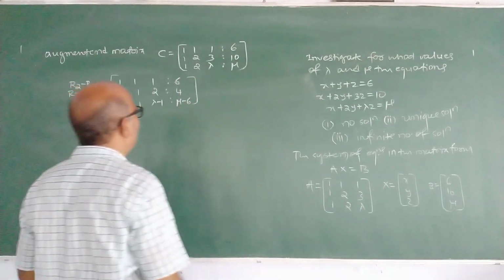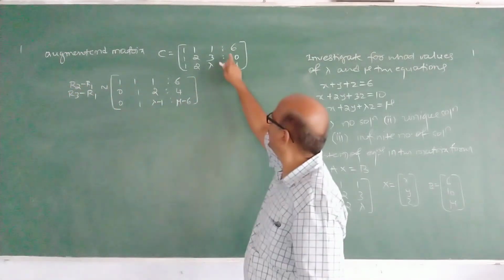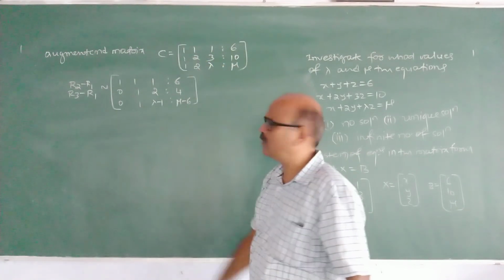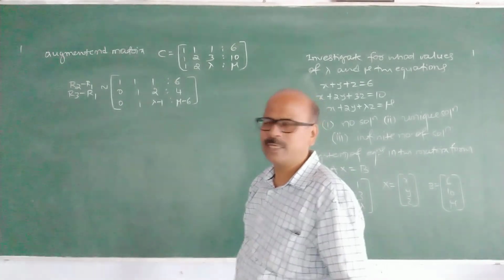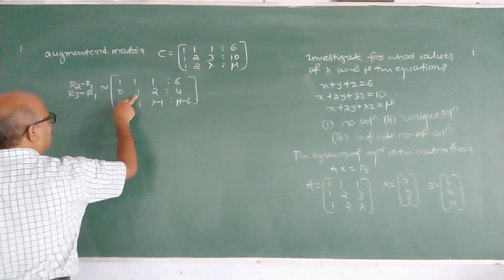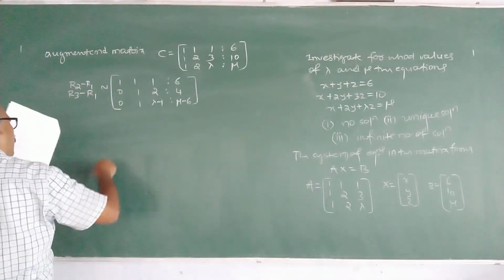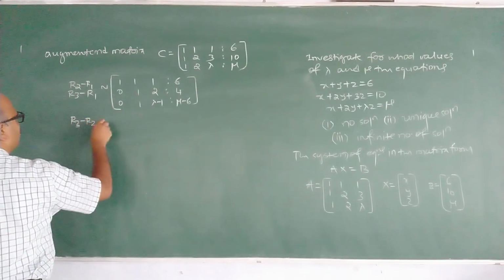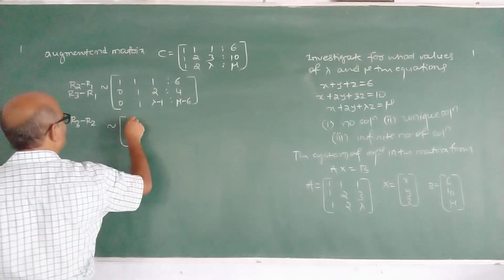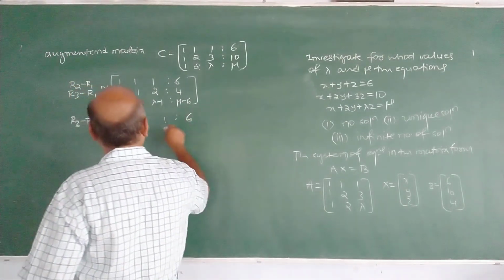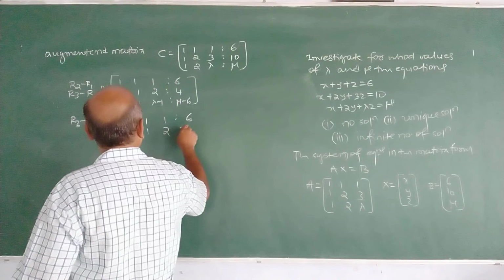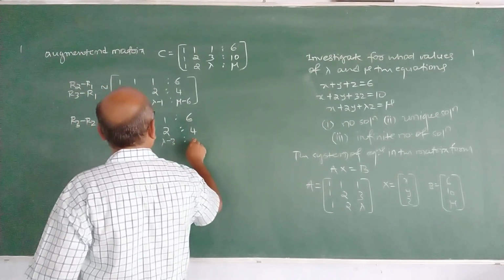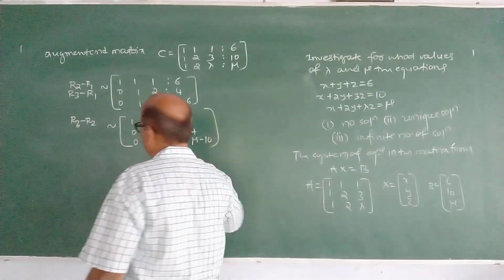You verify, am I correct? What is the next step? Make this 0. Already it is 1. Make this 0. R3 minus R2, the matrix is equivalent to 1 1 1 6, 0 1 2 4, 0 0 lambda minus 3 mu minus 10.